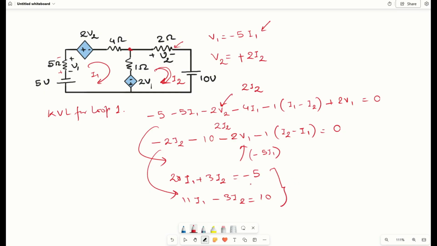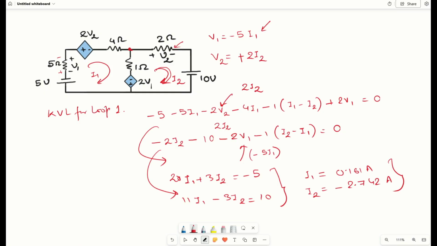After solving this, I1 comes as 0.161 ampere and I2 comes as minus 2.742 ampere. I'm not going into the detail of solving the numerical; I guess you can solve those things.